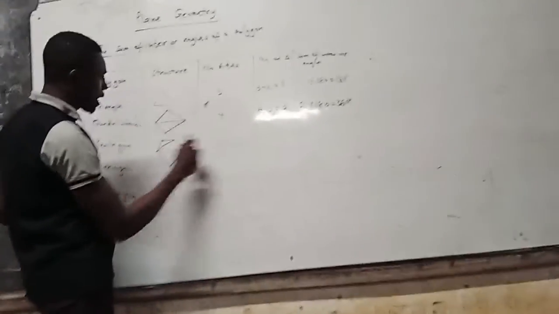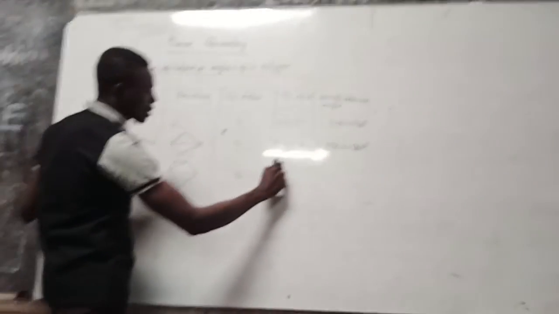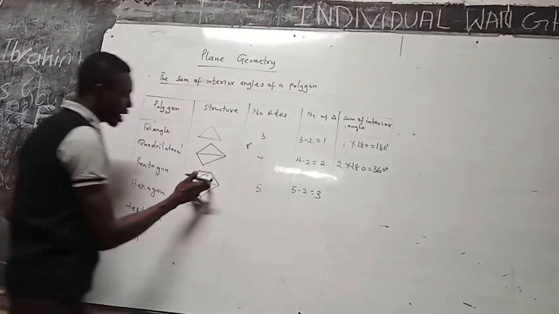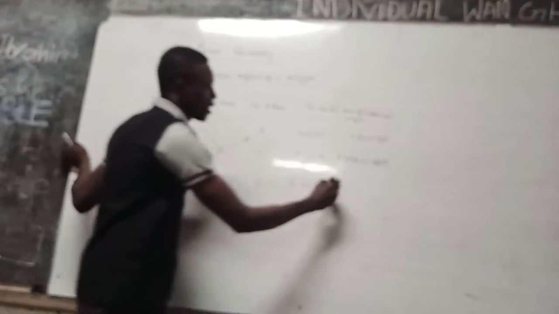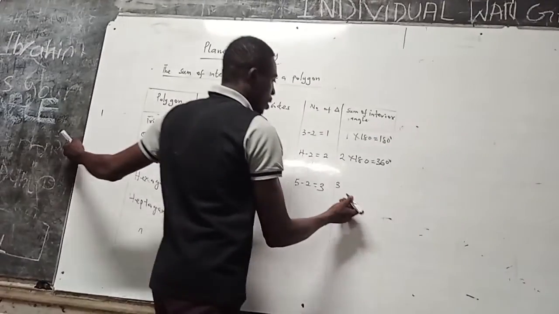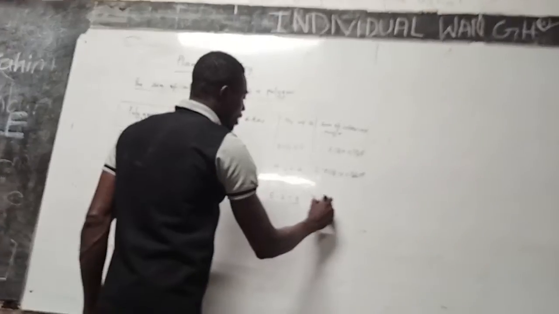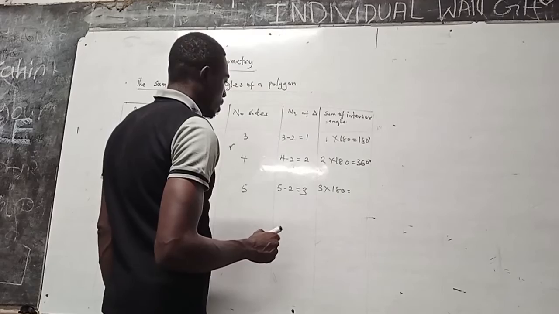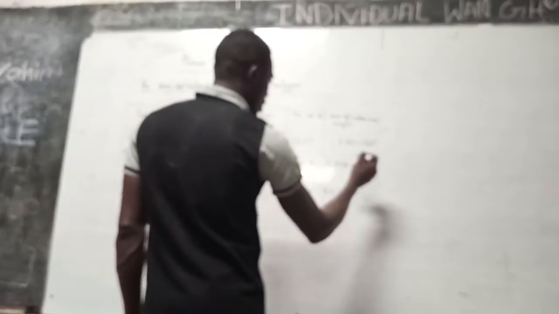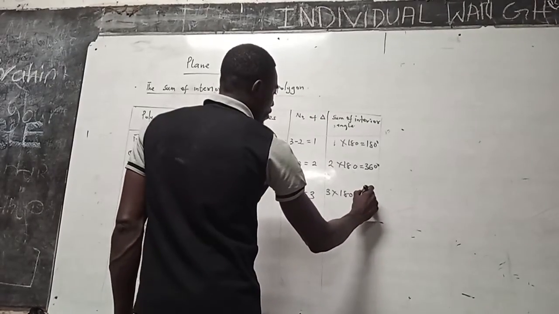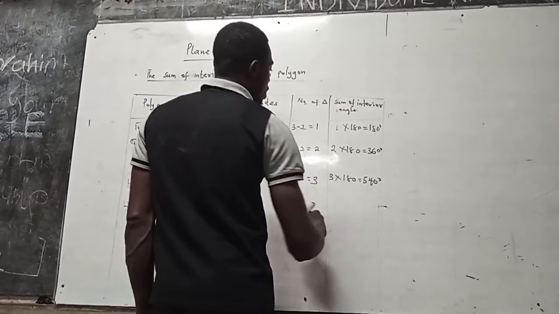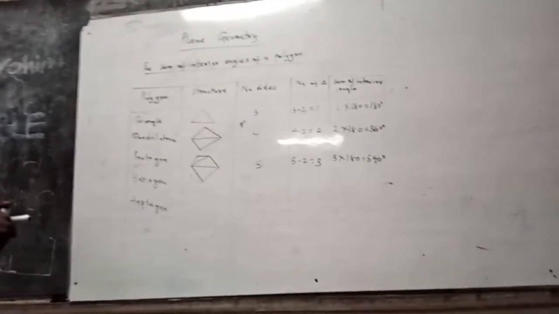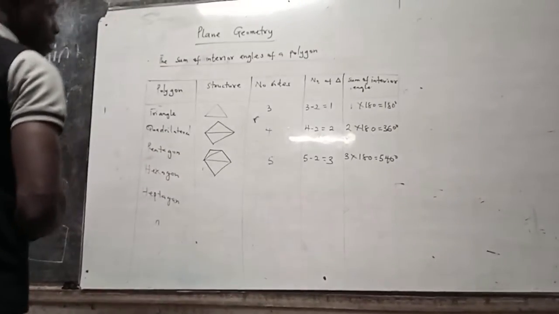But how many sides? 5. When you write 5 minus 2, you get 3. It means 3 triangles are formed here. Then you multiply 3 by 180, and you get 540 degrees.